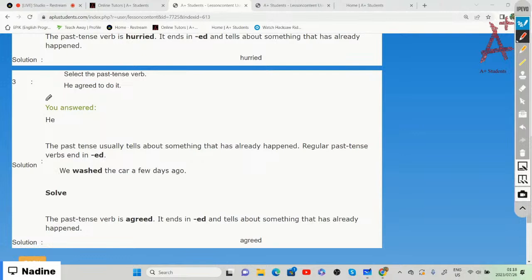Based on the rule we mentioned earlier, if the word ends with an e, like agree, we do not add an ed, we just add a d. So it's going to be agreed. We just added the d at the end to show that it is the regular past tense verb.